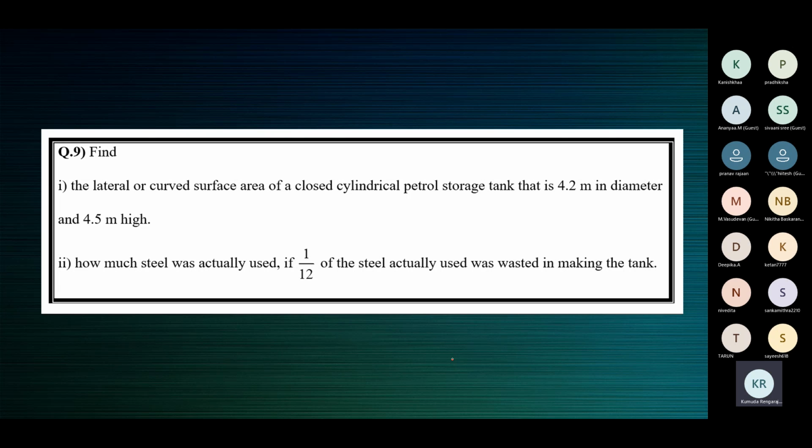The radius and the height, both of them are in meters, so you can find the CSA in meter square. What's the answer? One second, ma'am.